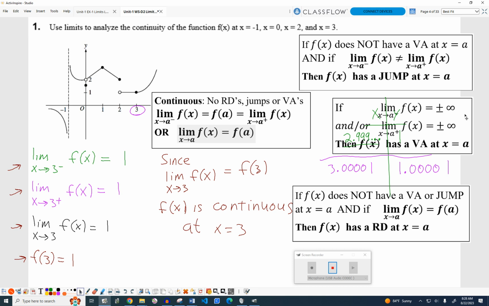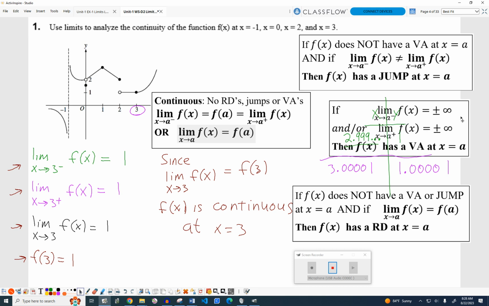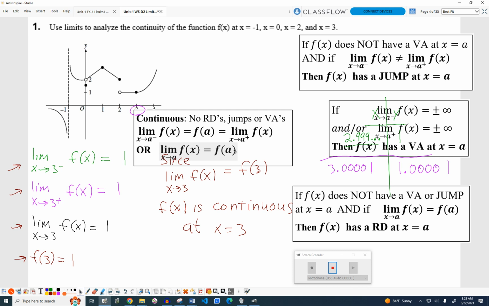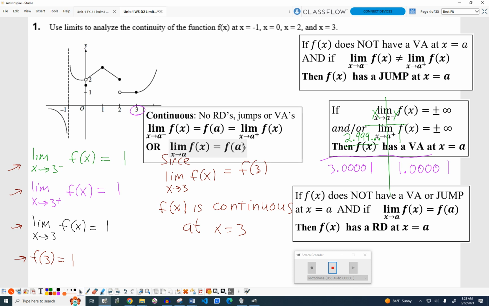But because they're infinite limits, it's a vertical asymptote. It's not continuous, because there is no value of the function in the middle. Oh, that's right. To be continuous, the function's value must equal the value of the limit. Right, and with the vertical asymptote, there is no function value in the middle, so it can't be continuous. That makes sense.